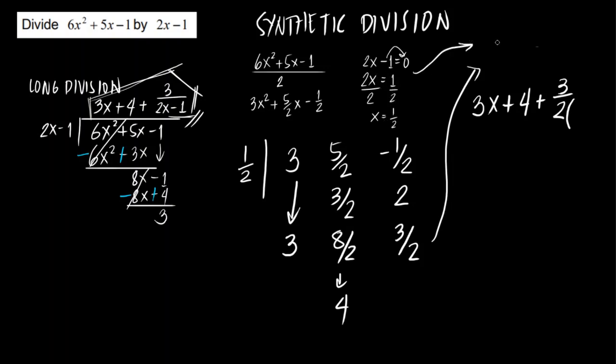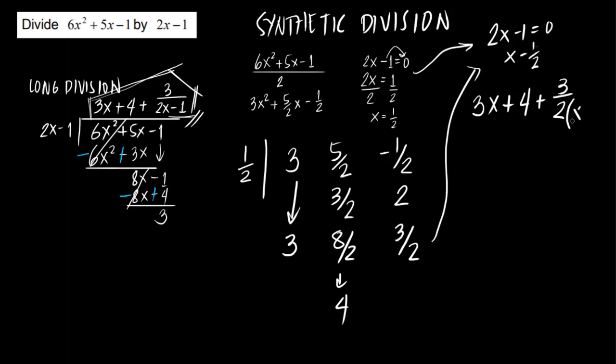Let's show you that one. Earlier, 2x minus 1 equals 0, right? When you divide by 2, it becomes x minus 1/2.